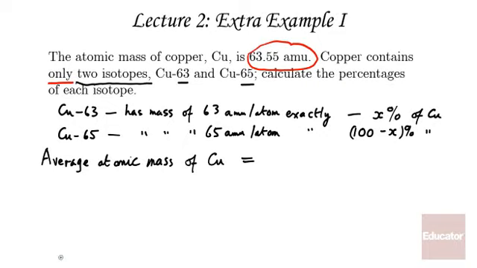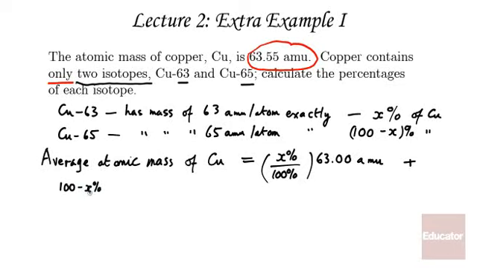We have X% over 100% of copper 63, which has a mass of 63.00 AMU, plus 100 minus X% over 100%.